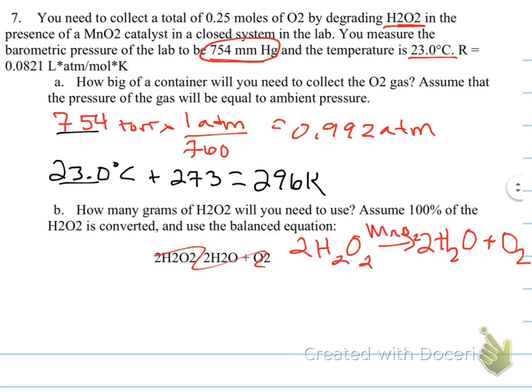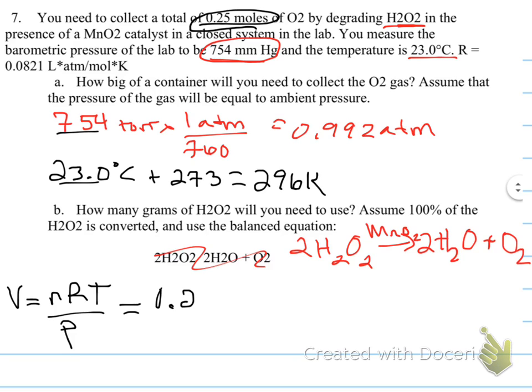I think I'm going to try to plug it in PV equals nRT. It tells me how many moles right here. Okay, so to find the volume, it's going to be nRT over P. I'm going to use this ideal gas law and not some other version because I need moles. I'm given moles, I got to use it somewhere, and the only one that has it in there is the ideal gas law. So we're going to go 0.25 moles times R. They gave us that R value, but I like to use one extra figure.